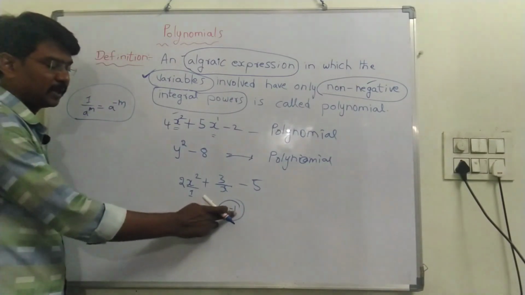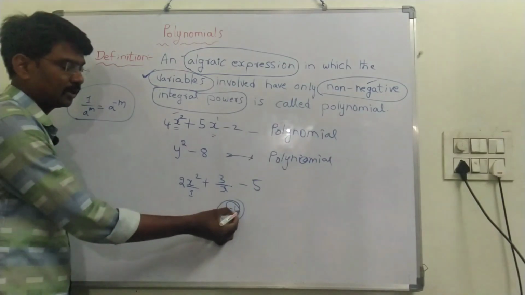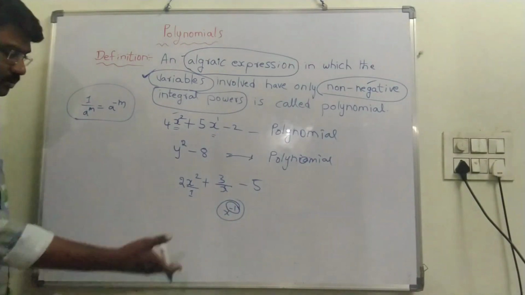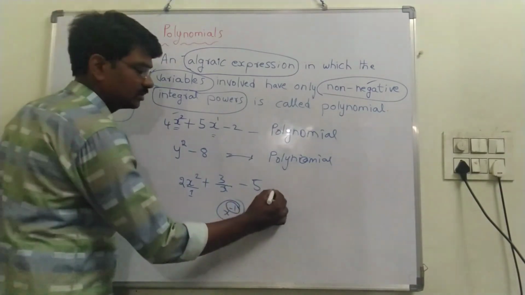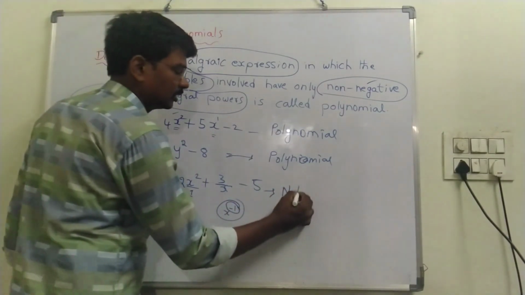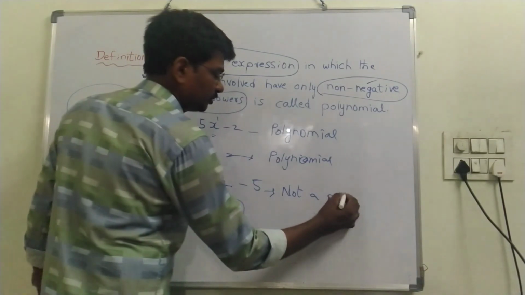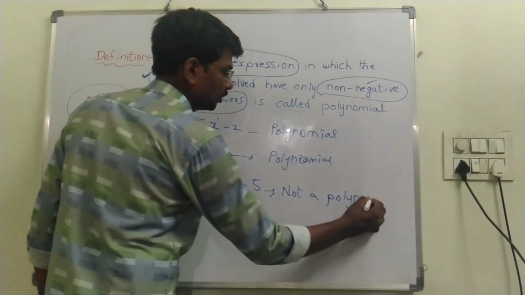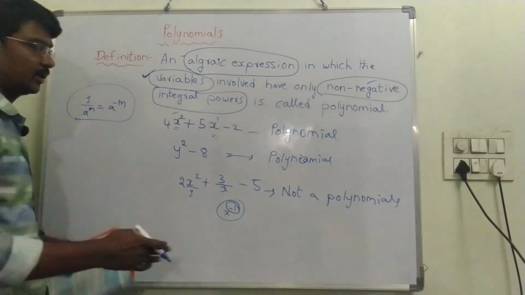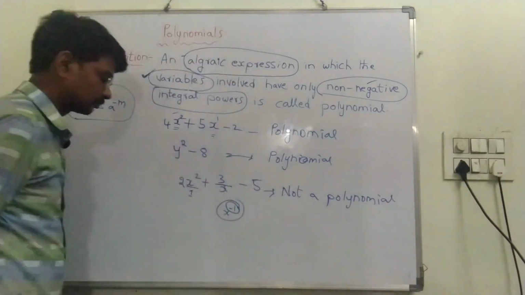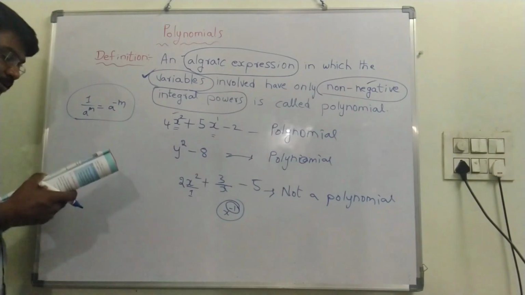So x to the power of minus 1, is this positive, non-negative or negative? This is a negative power of the variable. So this is not a polynomial. Understand this, okay? I hope you are understanding. Not a polynomial.